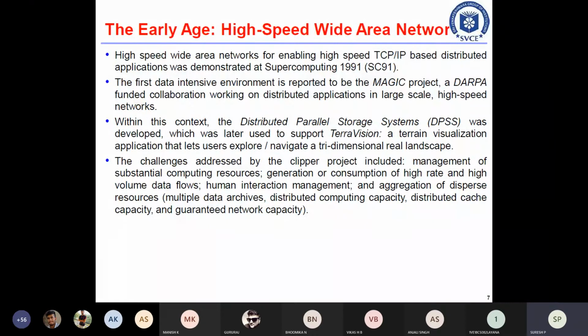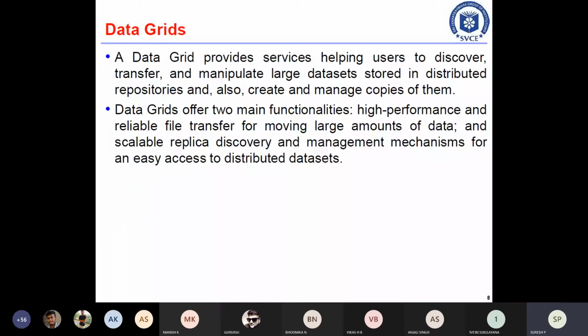So what is the data grid? Before going for the data grid, let us tell something about why we require the data grid. So a grid is nothing but where it is going to store some data. Okay. So after storing the data, they are going to provide you some services. So now you have the electricity grid, right? In some places in Bangalore you can see that grids will be there.